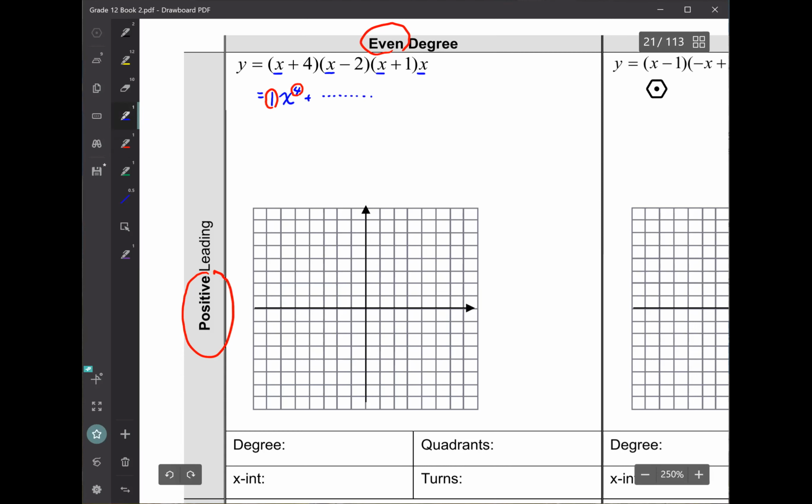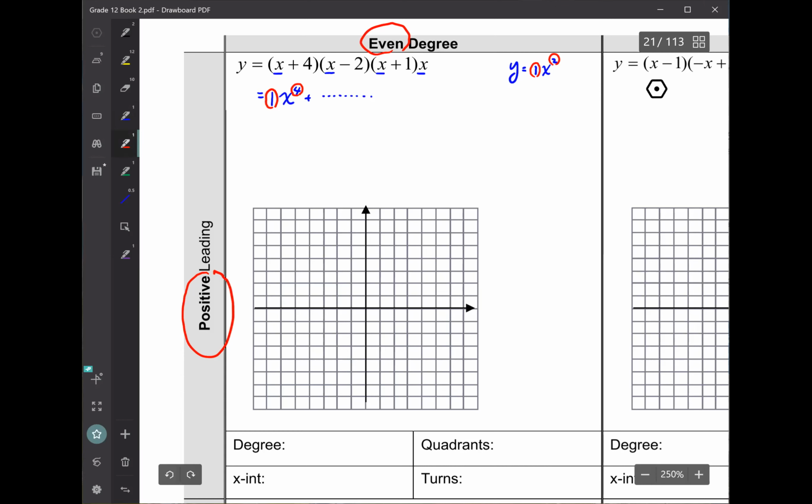So to remember this rule, you can think of the easiest even degree that you know. The lowest degree that you know is x squared. That's also even, and you also have a coefficient of 1, positive. Positive leading coefficient.